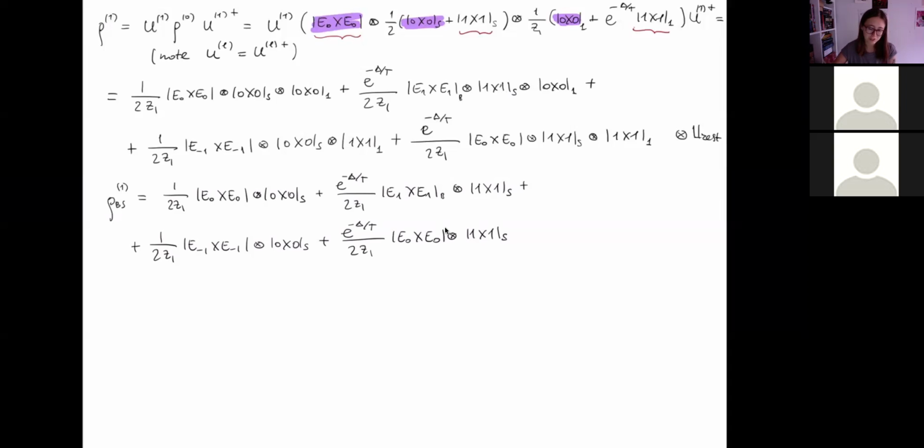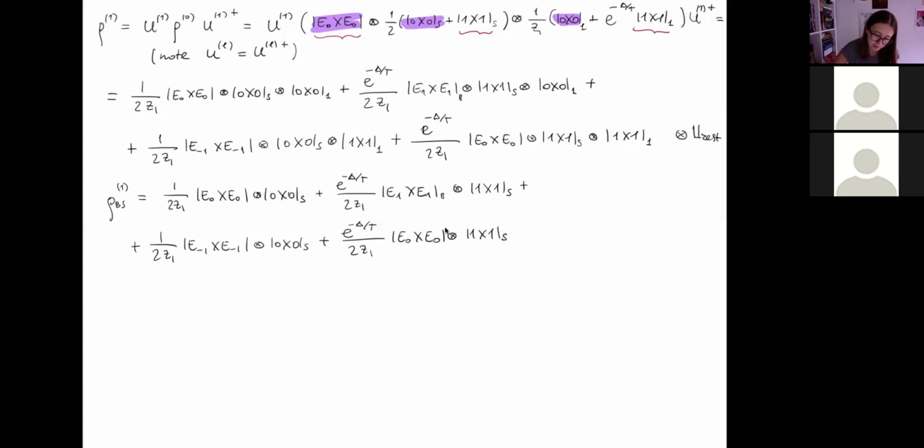And then taking the partial trace becomes extremely easy, as you just wipe out the third system at each term of the sum, especially as this third system is always in this diagonal state. And then you get the reduced state.